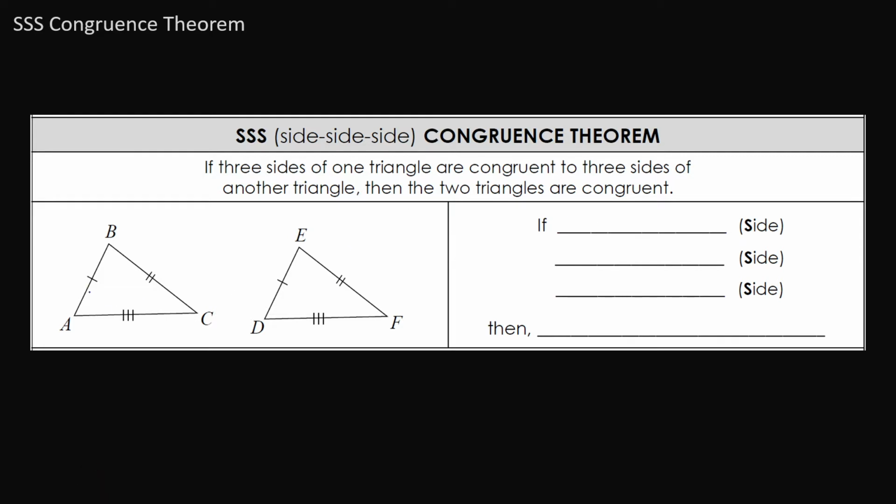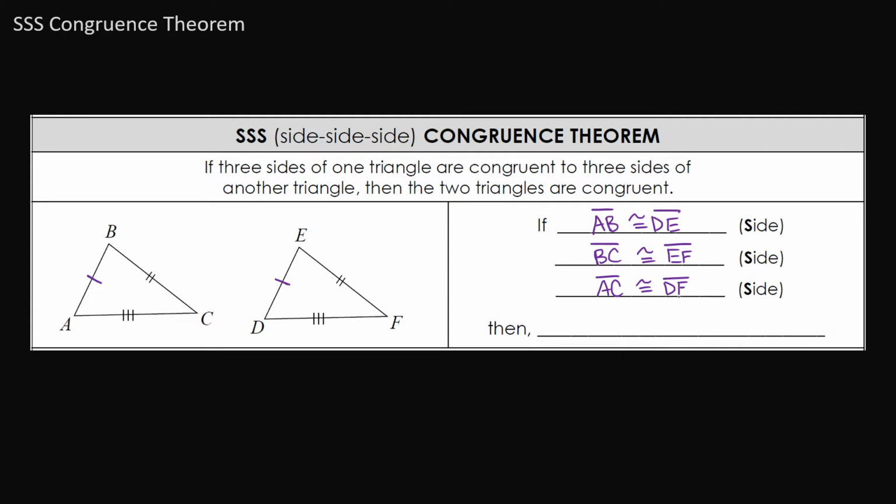So let's say, for example, with this diagram, let's just start with the first tick mark. If side AB is congruent to side DE and side BC is congruent to side EF and side AC is congruent to side DF.